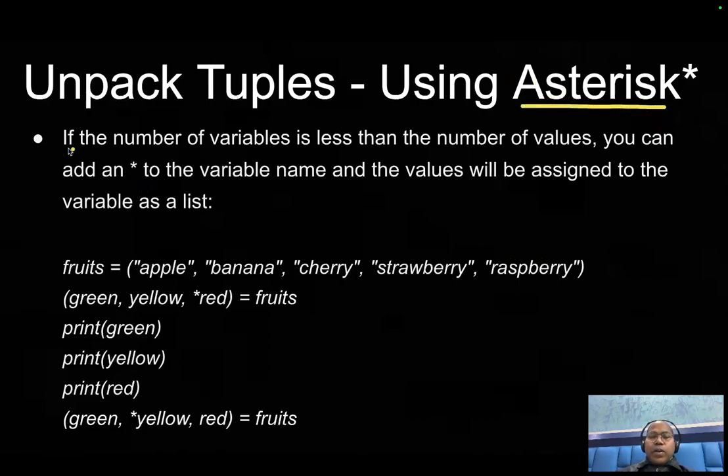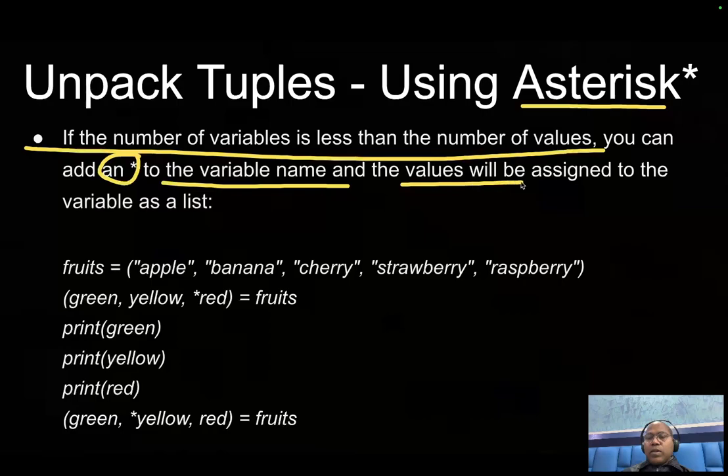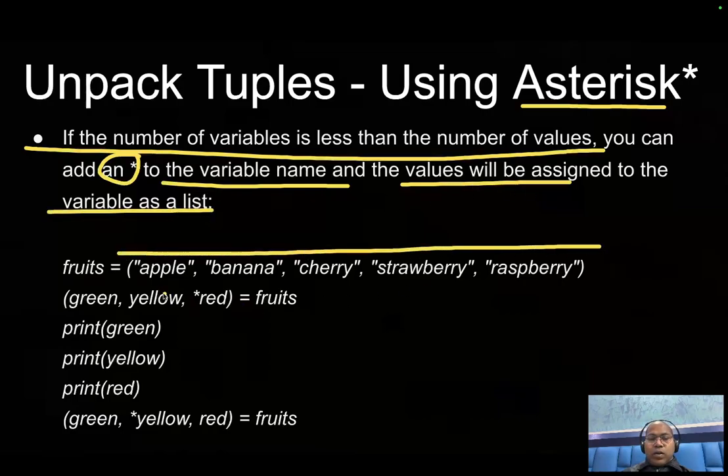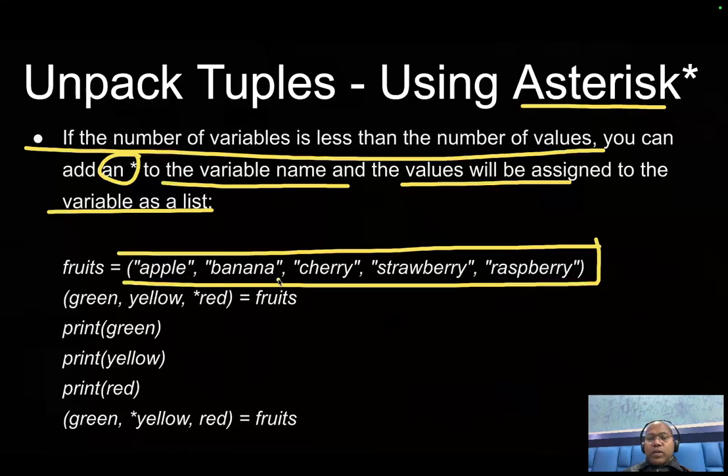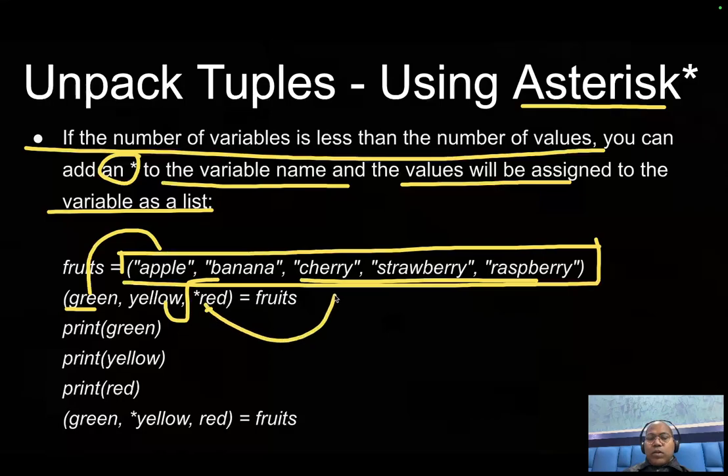If the number of variables is less than the number of tuple items, you can use an asterisk before a variable name and assign to the variable. Notice, like here, this is our tuple, and here I say I want green. So green is assigned to the first, yellow assigned to the second, and red assigned to everything.